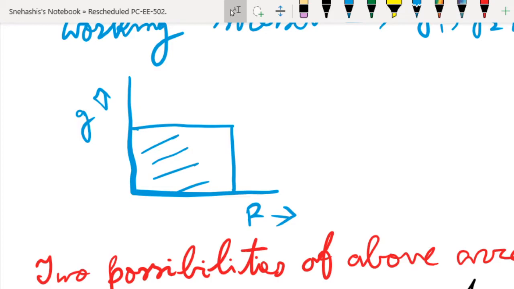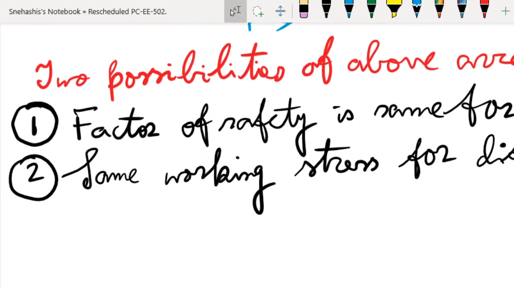We will analyze them one by one. First we will be discussing case 1.